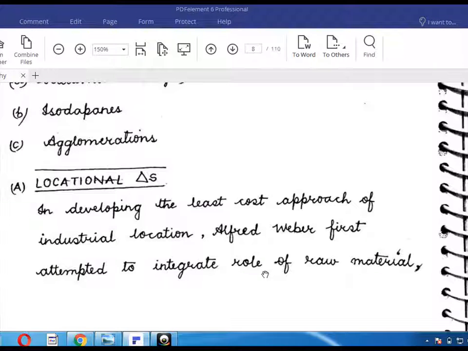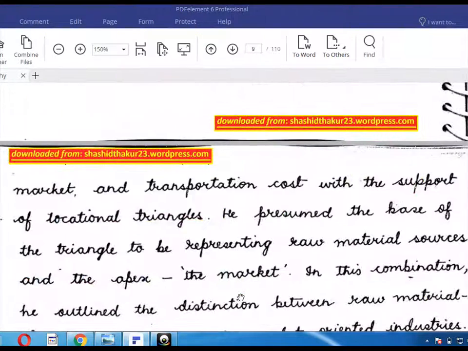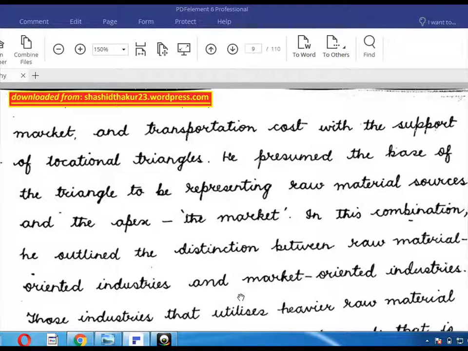Here the locational model is developing the least cost approach of industrial location. Alfred Weber first attempted to integrate the role of raw material, market and transportation cost with the support of locational triangles.